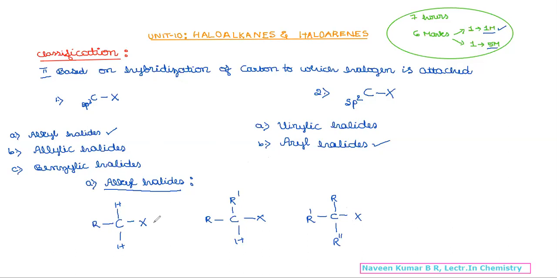Now, if you observe, the first one is a primary compound, this one is a secondary compound, and this one is a tertiary compound. So how can we identify this? If the halogen attached carbon atom is surrounded by one R group, then it is called a primary alkyl halide.